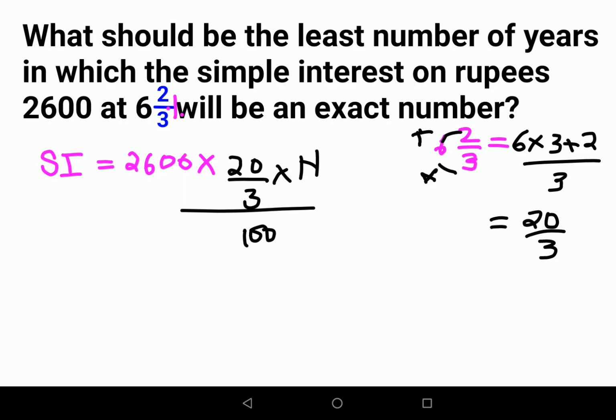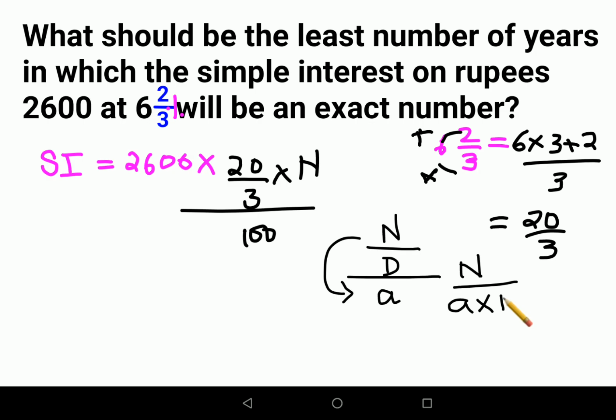Now this is where a lot of people make a very silly error. Whenever you have a fraction and then there is a denominator, they do not understand how to do this. The very important thing to remember is that numerator upon denominator, divided by, let's say, a, has to be done this way: numerator upon a into the denominator.